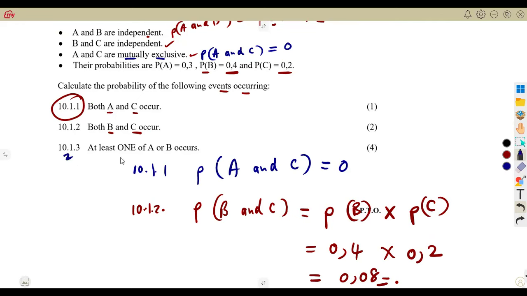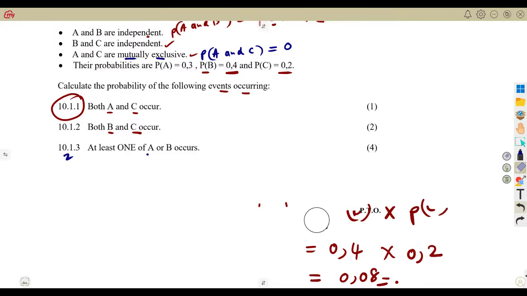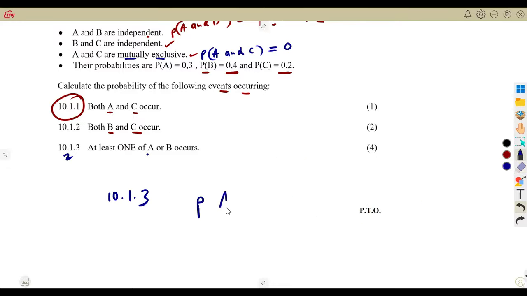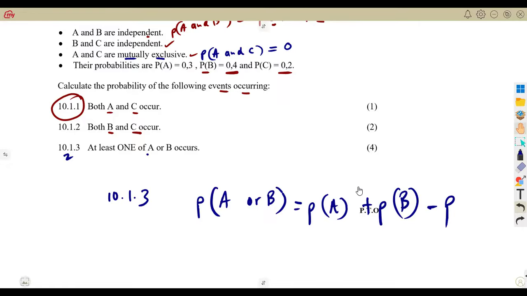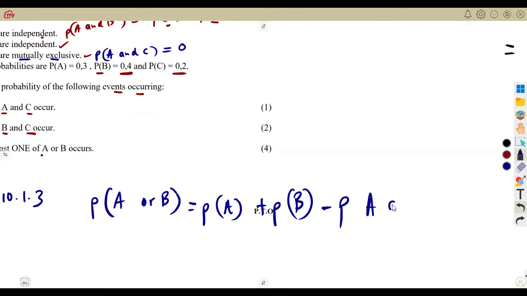Then the probability that at least A or B occurs. At least A or B, the probability of A or B, by the laws, is given by the probability of A plus the probability of B minus the probability of A and B. Remember, this is the basic rule that we are supposed to consider as we work.